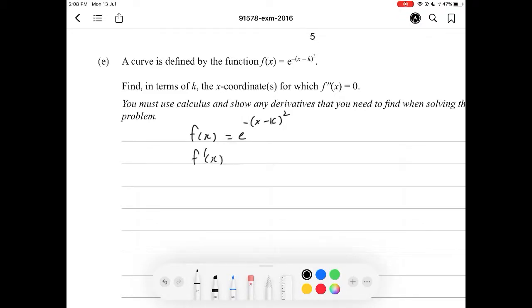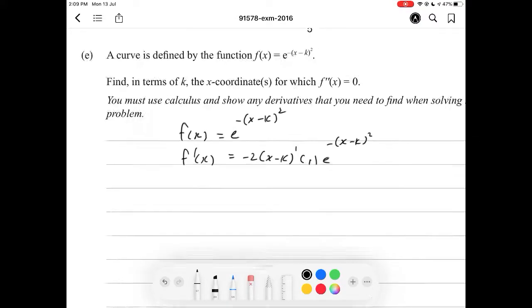So f dash of x, in this case we'll be using the chain rule again. The outer function is to the power of 2, and the inner function is x minus k. So we should get negative 2 times (x minus k) to the power of 1, multiplied by the derivative of x minus k, which is just 1, times e to the power of negative (x minus k) to the power of 2.